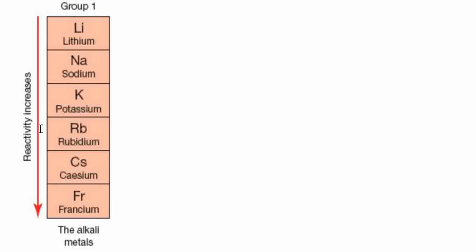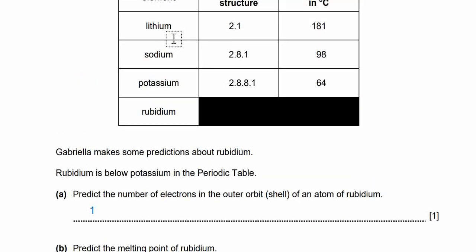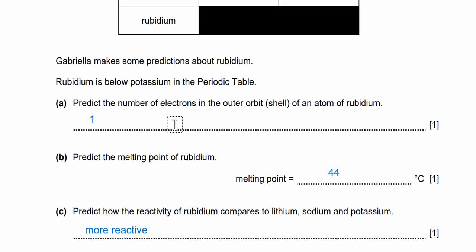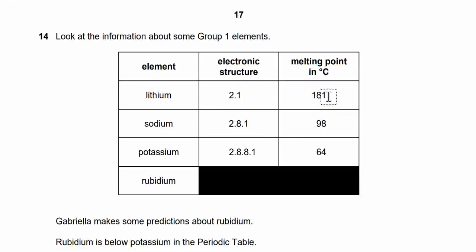We can see here that the reactivity increases as we go down the group. So rubidium is more reactive compared to all the 3 others. That will be our answer: more reactive compared to lithium, sodium, and potassium.